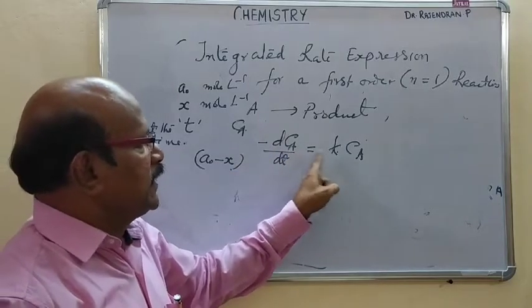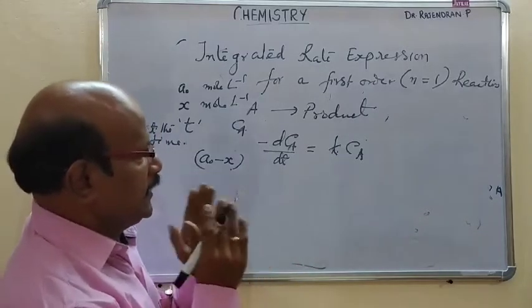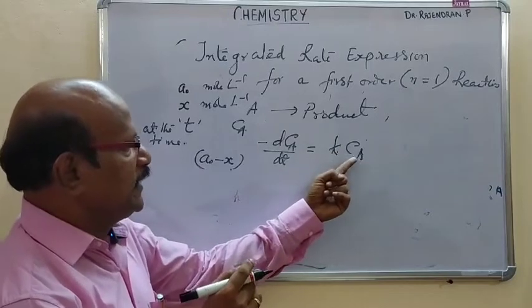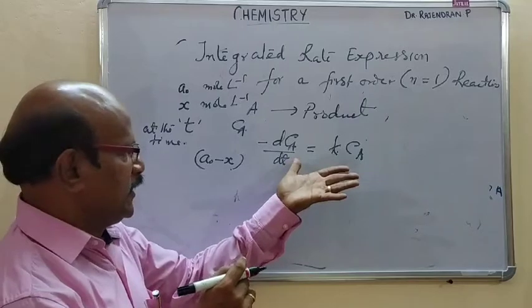Substituting the Ca in our instantaneous differential equation, that is the technique that we have adopted. Minus dCa by dt is K into Ca. Here it represents the instantaneous rate equation.